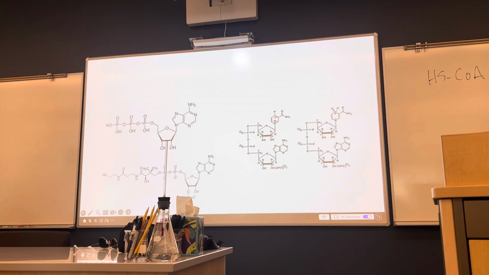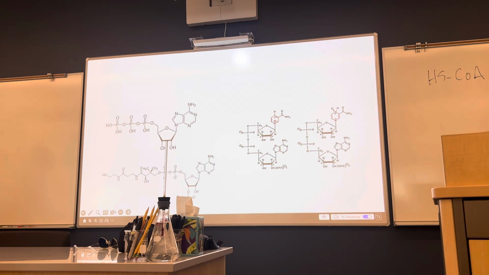What do we get at the end of glycolysis? ATP is one of the products, but what is the molecule? What is the remnant molecule of that glucose that we started with? Pyruvate. And then pyruvate is oxidized to acetyl-CoA.